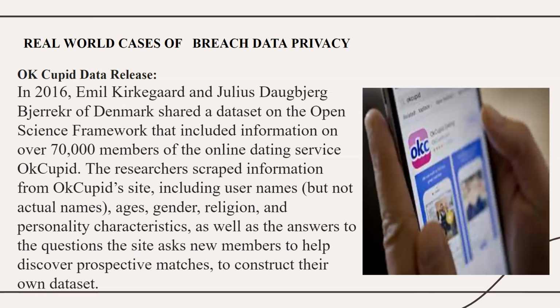The researchers scraped information from OkCupid. They scraped the usernames of these individuals, but not their actual names. They scraped the ages, genders, religion, and personal characteristics of these individuals, as well as their answers to the questions the site asked new members to help discover prospective matches, to construct their own data set.